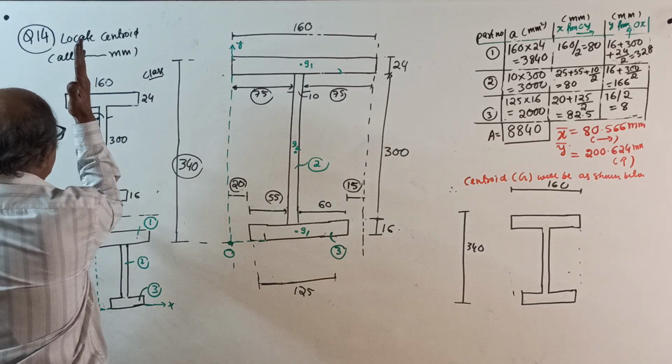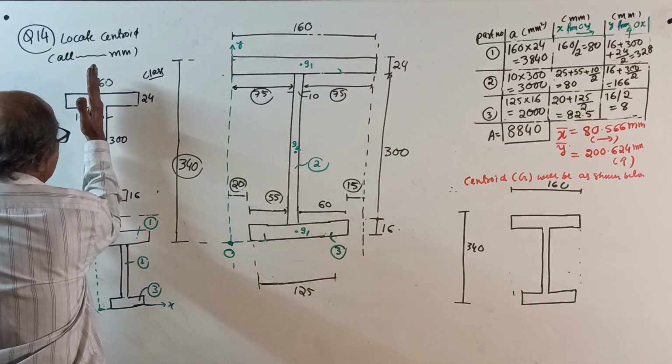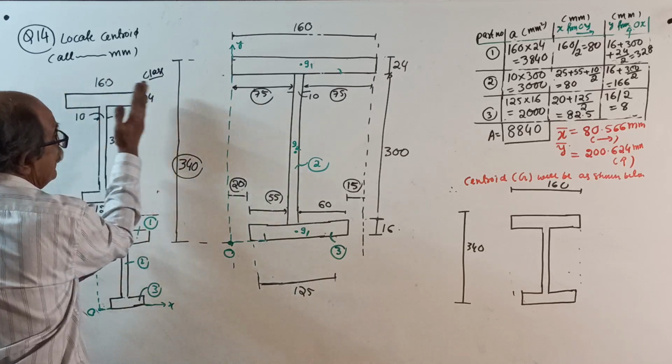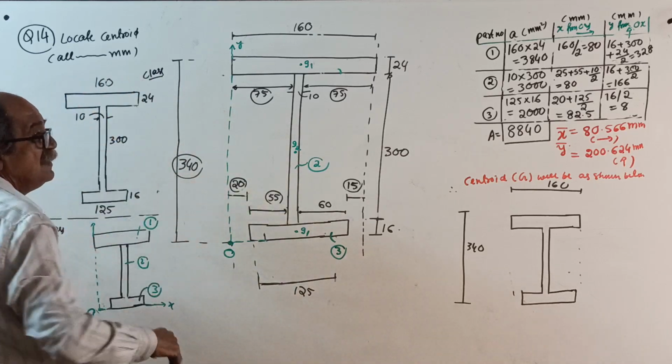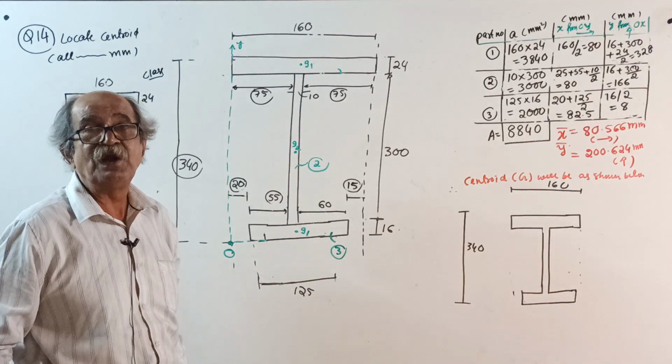Then this will be perfectly symmetrical about YY. So X bar is not required, you require only Y bar. That is next class question, an important question.